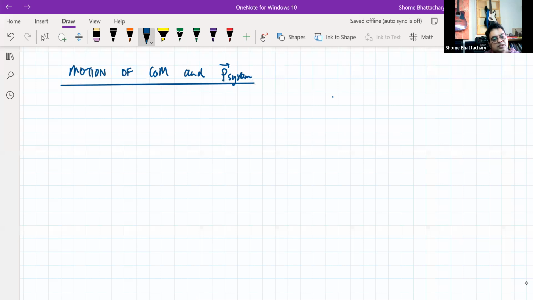So if we have a system that consists of different bodies or different masses which are moving about, then the center of mass of the system is also likely to be in motion. So we had seen that the position of center of mass, because it's a discrete particle system, is given by the summation method.